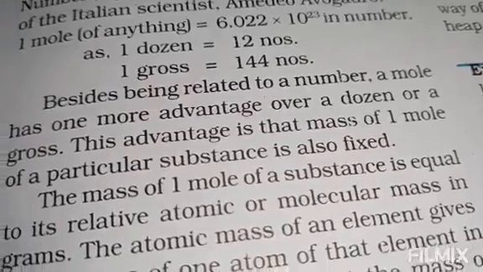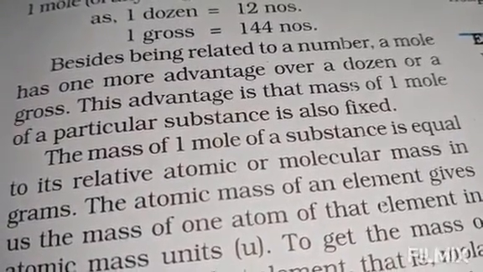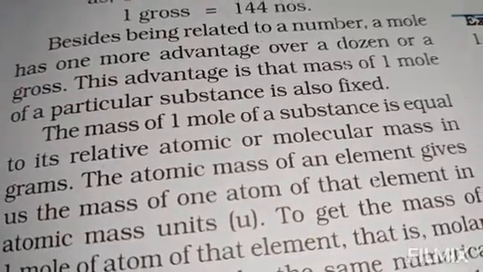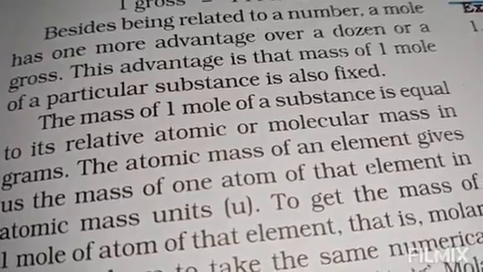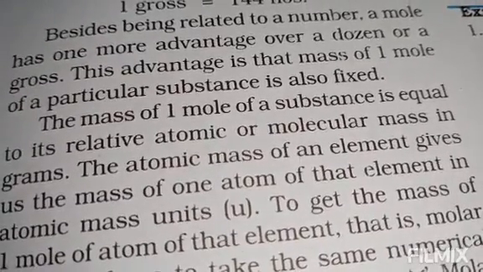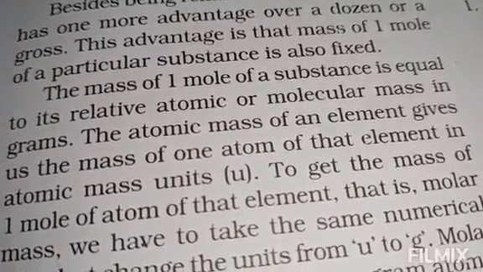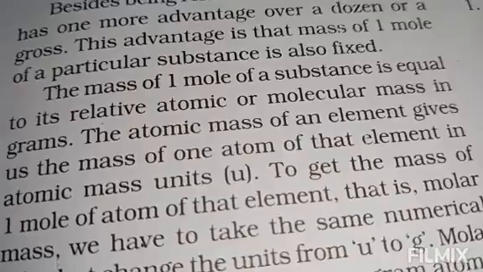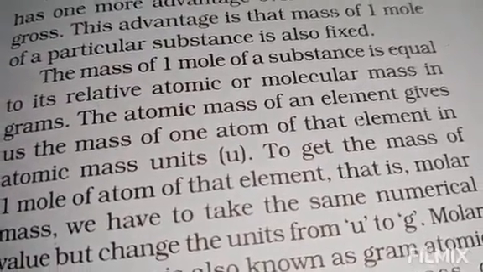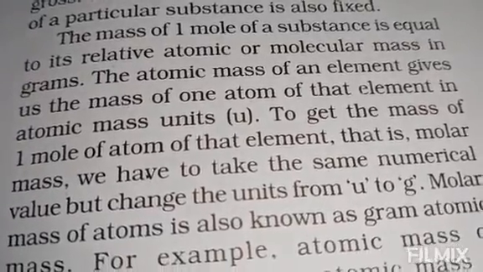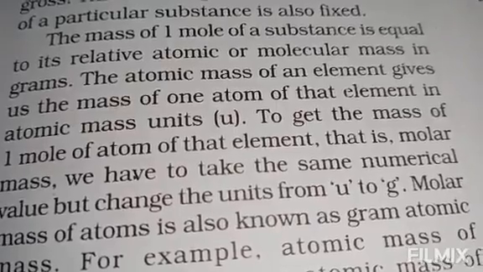The mass of 1 mole of any substance is equal to the relative atomic or molecular mass in grams. The atomic mass of an element gives us the mass of 1 atom of that element in atomic mass units. So for the mass of 1 mole of atoms of that element, that is the molar mass, we take the same numerical value but change the unit from u to gram.